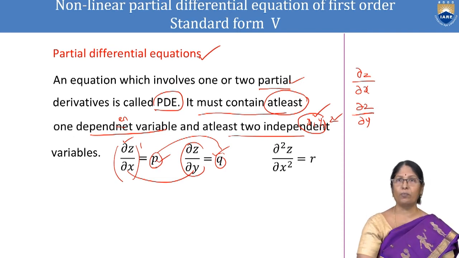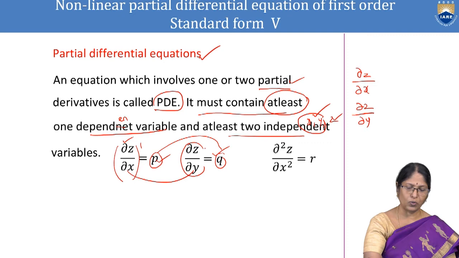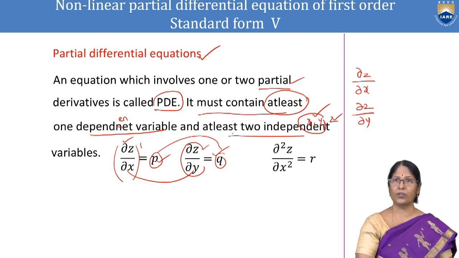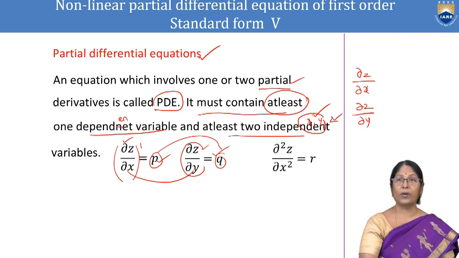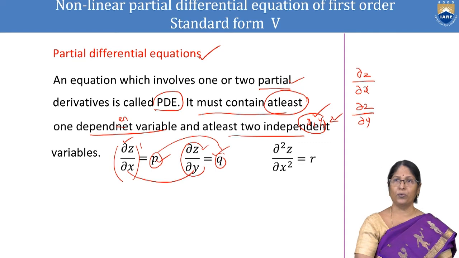Dou z by dou x is denoted by p, and dou z by dou y is denoted by q.